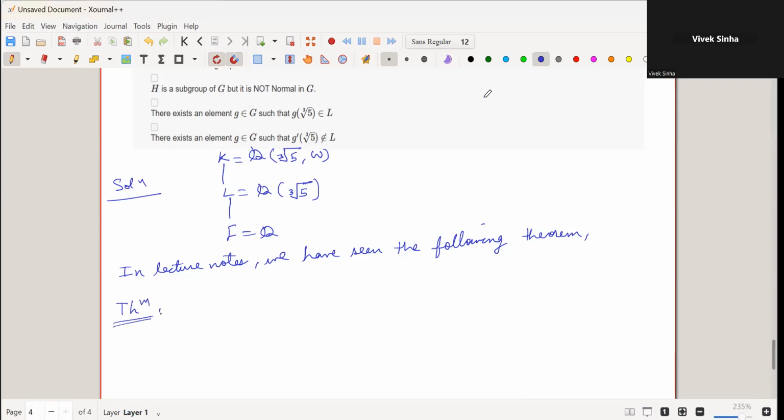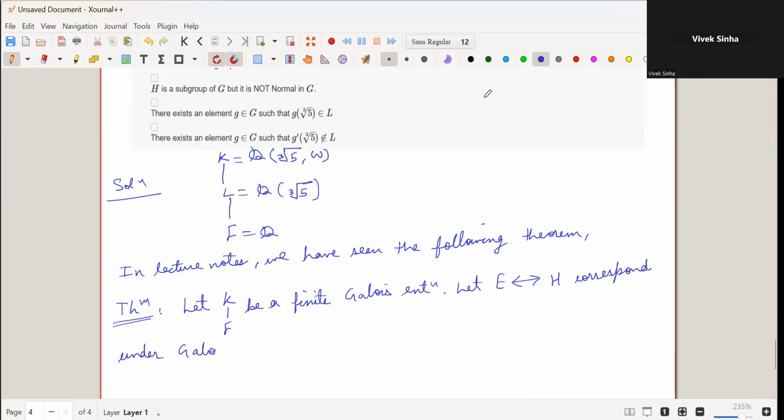So the theorem says: let K over F be a finite Galois extension, and let E and H correspond under Galois correspondence. So what is Galois correspondence?